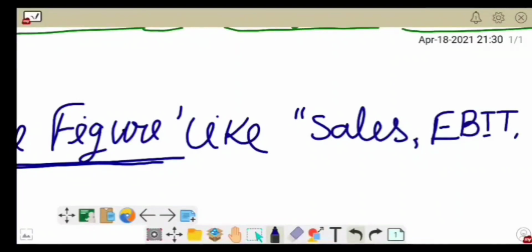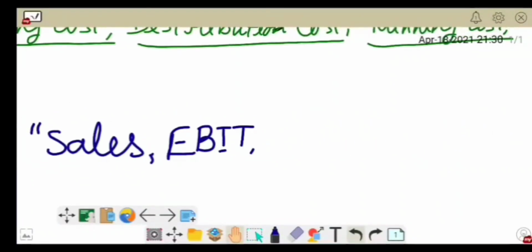I think you guys heard this kind of words in your BCom 6th semester, in financial management, in the chapter of leverage.